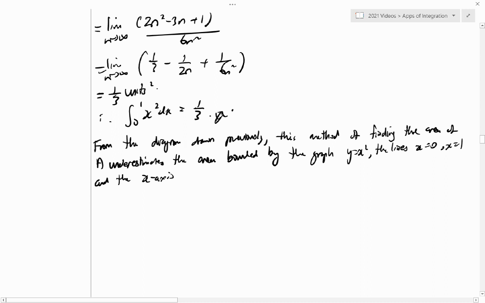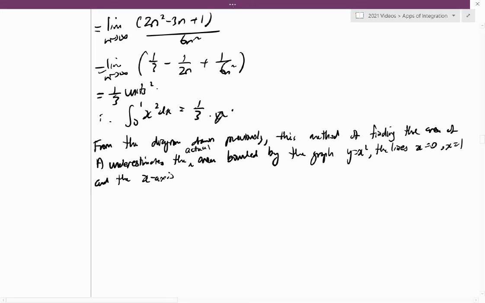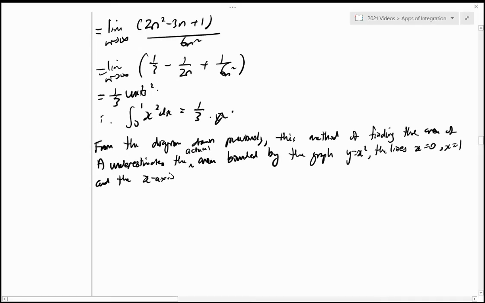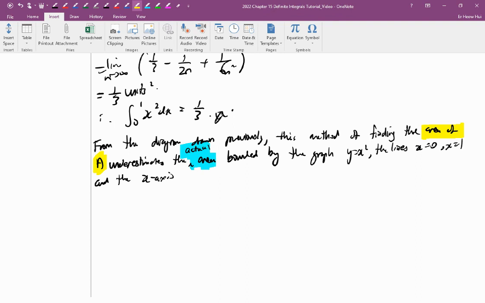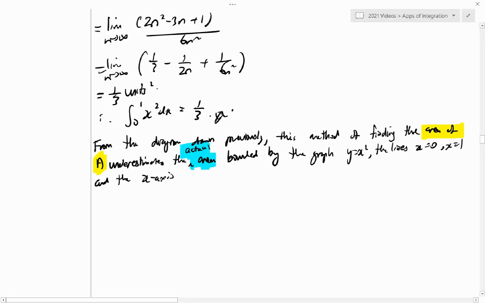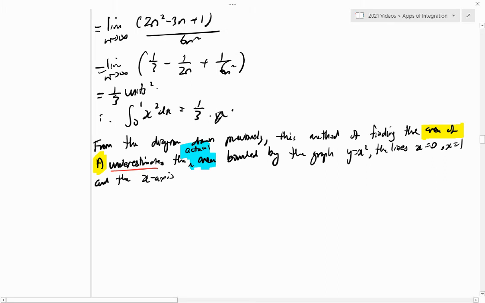Sorry, there's a missing word: underestimates the actual area. This word needs to be there, because now it is the area of A versus the actual area bounded by the boundaries described. And the key term here is underestimation. So now you need to explain why it is an underestimate.